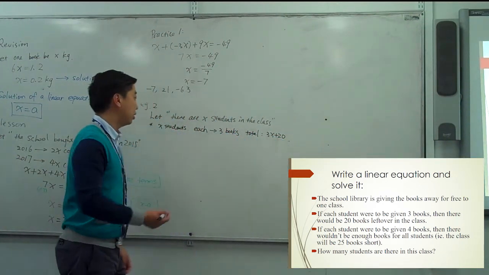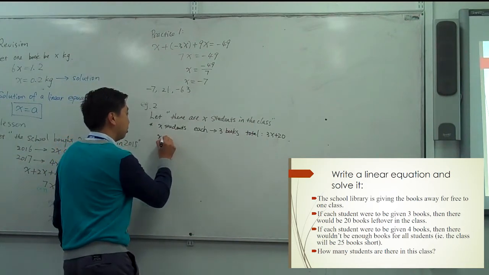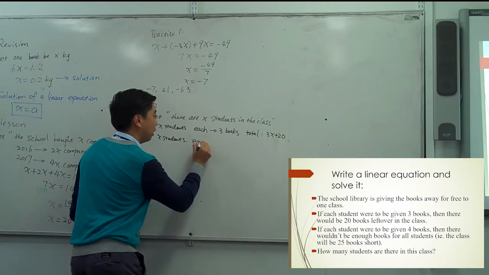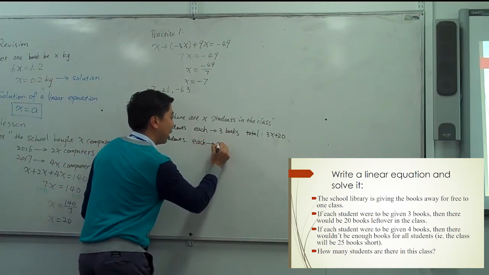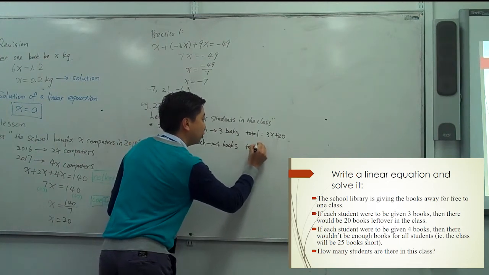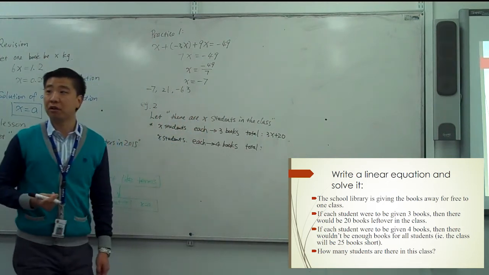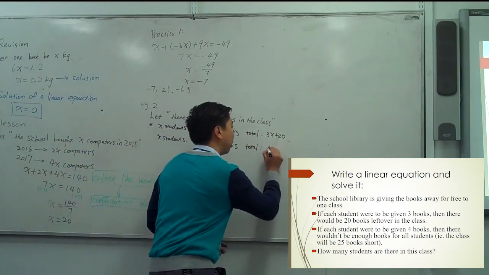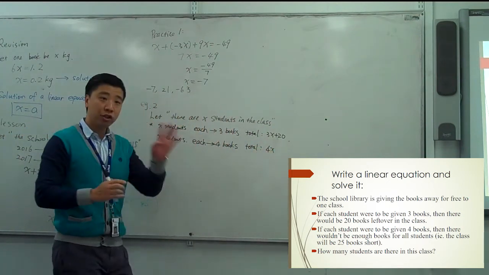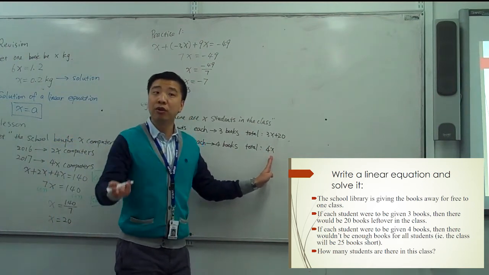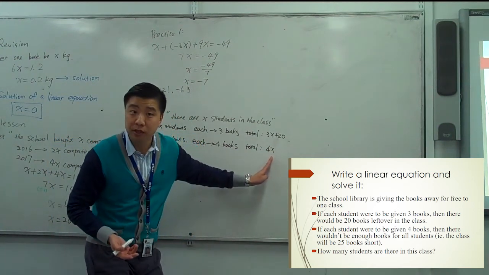How about this one? We still have X students. Now, in this situation, each one will have 4 books. I want you to tell me what is the total number of books. 4X. If I do 4X, that means each student gets 4 books. X students, you will give 4X lots of books.